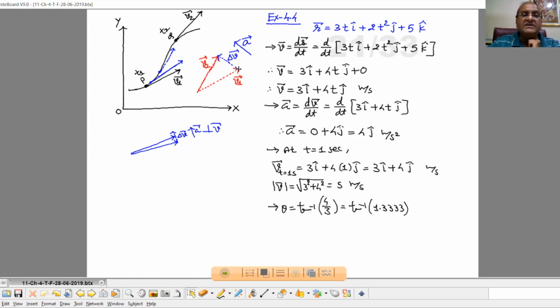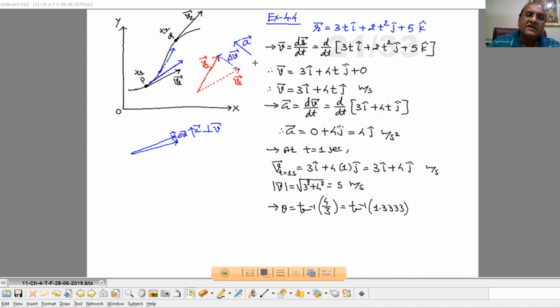Because we want v2 minus v1, if we imagine the opposite vector of v1, it will be minus v1. So the tail of minus v1 is here and the head of v2 will be here. The vector joining those two gives the summation of v2 and minus v1, that is v2 minus v1, which is nothing but delta v.